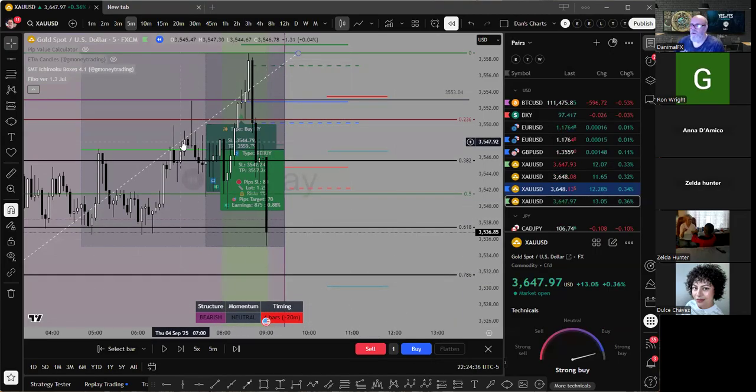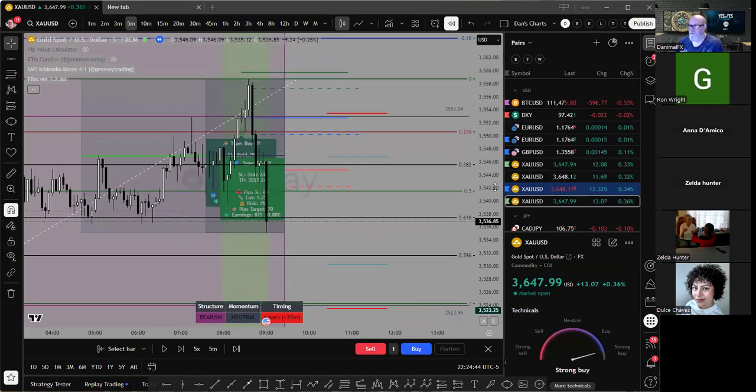And notice how the midpoint of the 52 and 17 are the same place, right on top of each other. That's a whole impulse. So now we are looking for either another sell to a lower level, or this is where price is going to turn around and go back up because we are at a neutral zone.